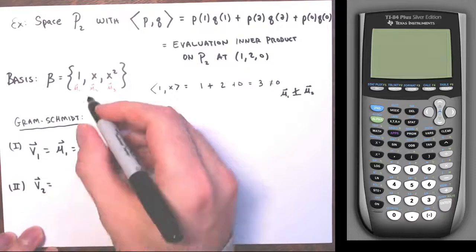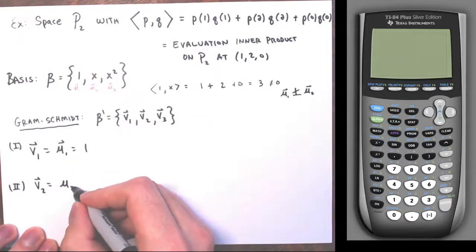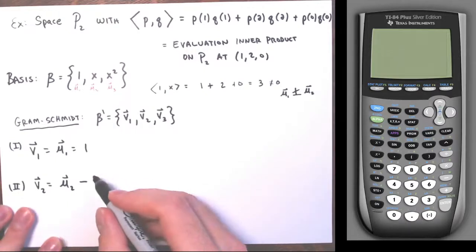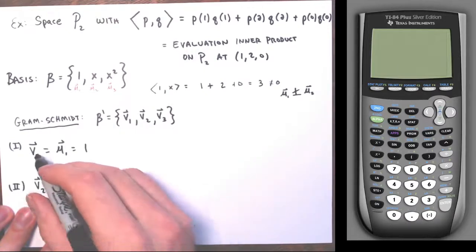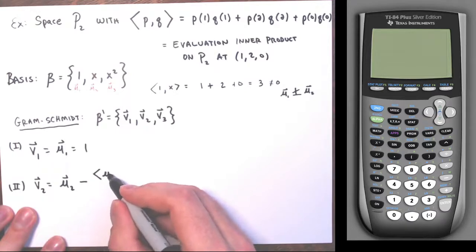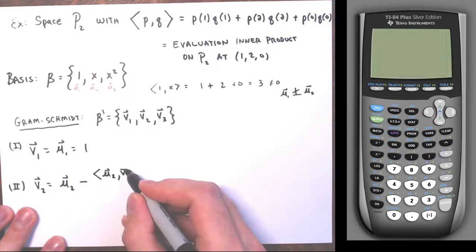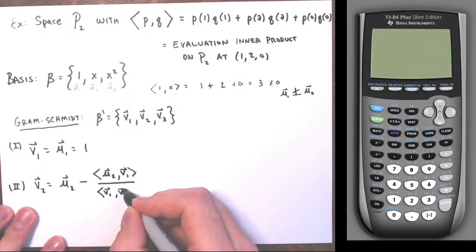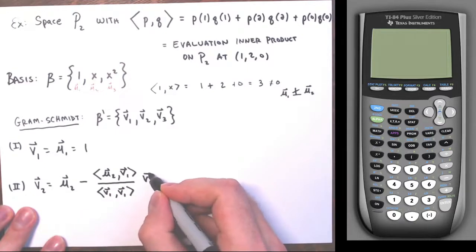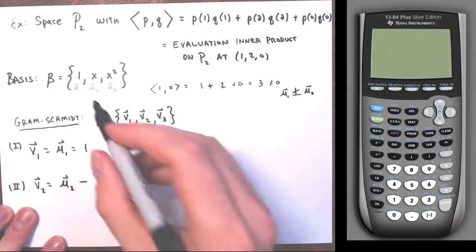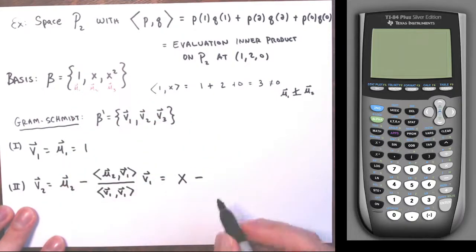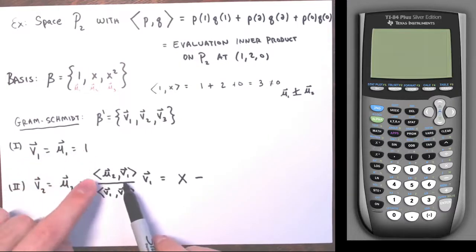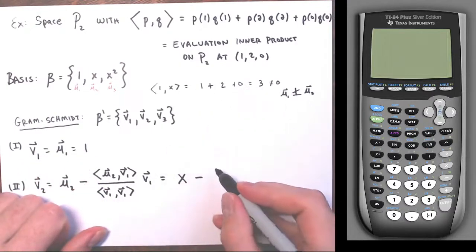is the vector u2 from our original basis minus the projection of u2 onto v1. So the inner product of u2 with v1 divided by the inner product of v1 with itself, times v1. Now u2 is x minus, we already did the inner product of u2 and v1, that's 1 and x, that's 3.